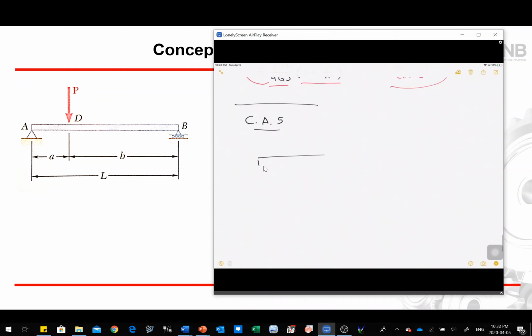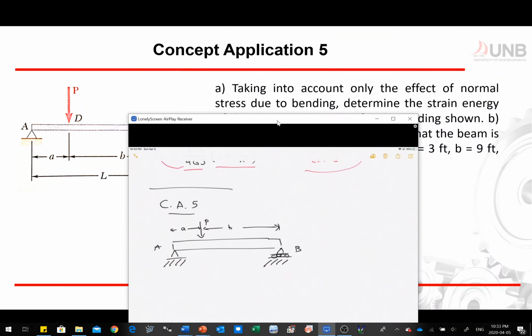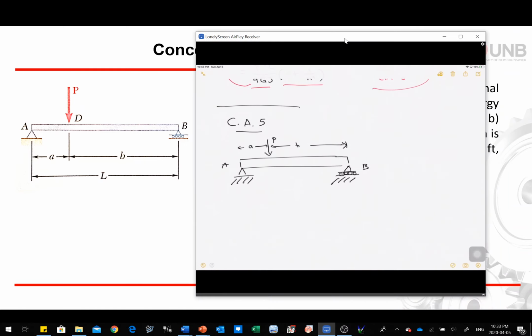So we have this beam, it's point A. We have rollers at point B. And then we have applied force P, and this is A, and that's going to be section B. Now the question there is to use the bending equation. So just assume that we only have bending to determine the strain energy.